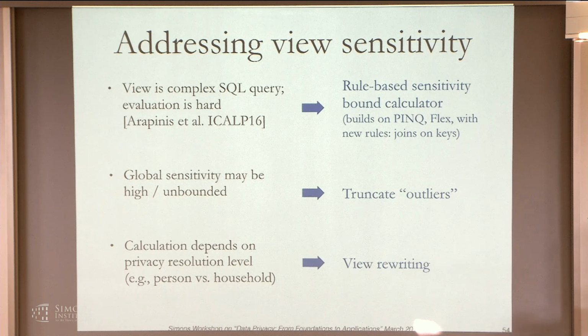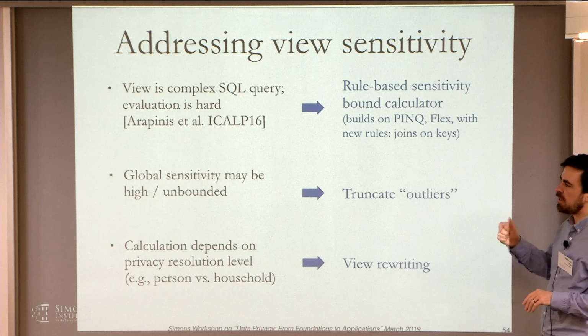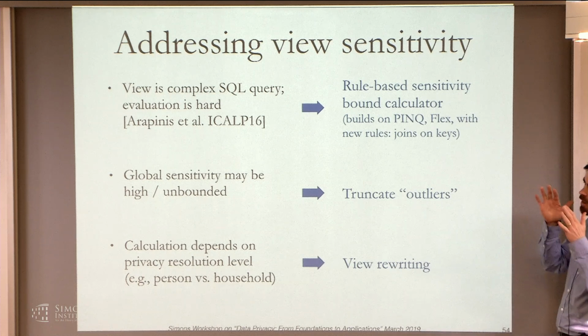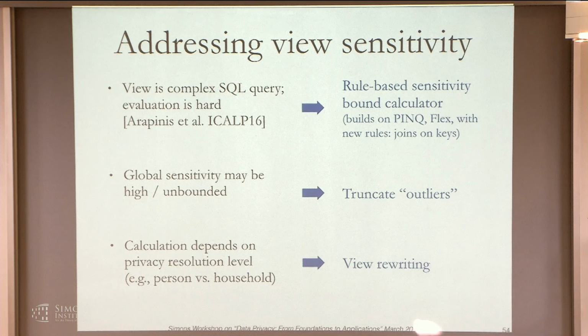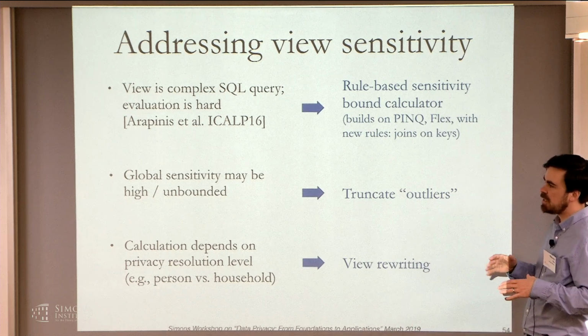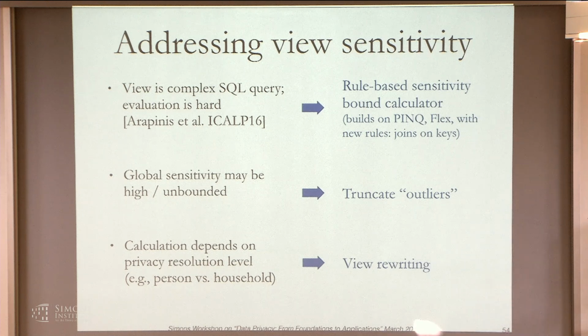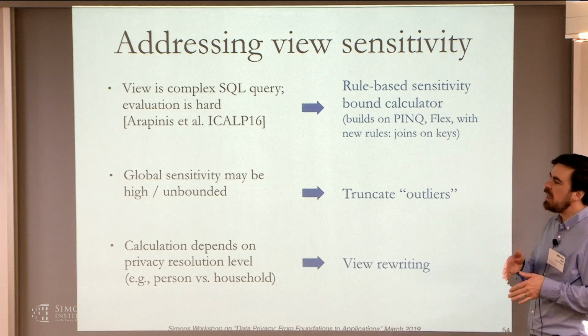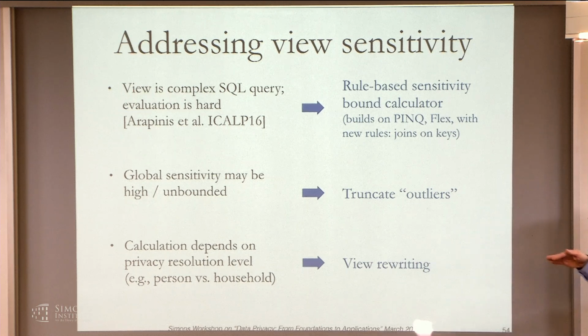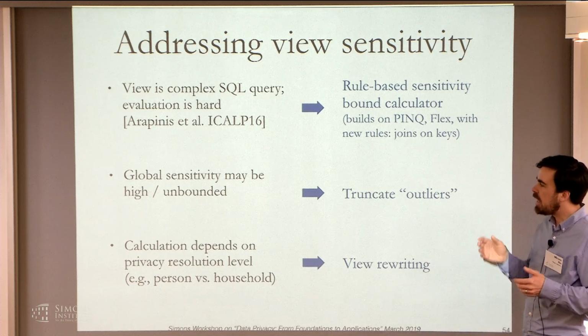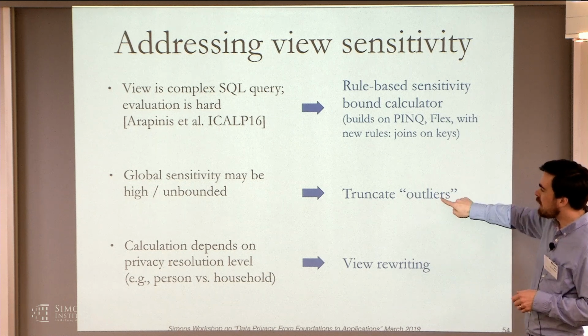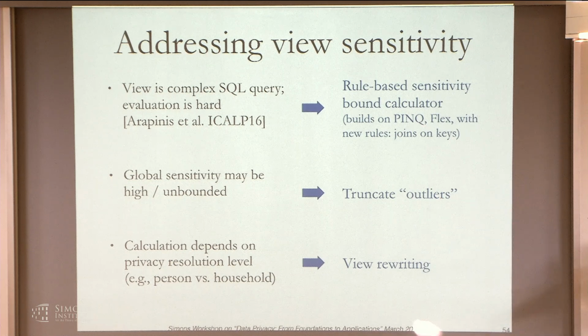We can do this in a general way where we look over the base relations and at the attributes that occur in the queries, and then we look at the frequency of those attribute values in the base tables in a differentially private way. So now we get a distribution for how frequently each value occurs. And then we can choose a cutoff point. So in this case, concretely, large households would just get dropped from the data. And then we write that truncation operator explicitly into the view.